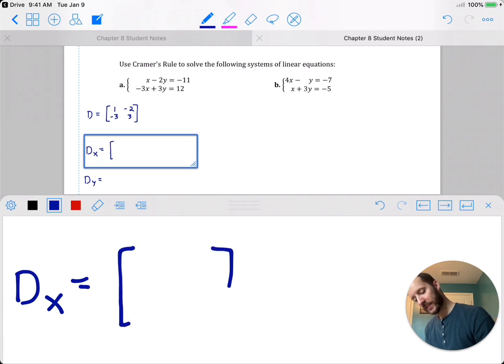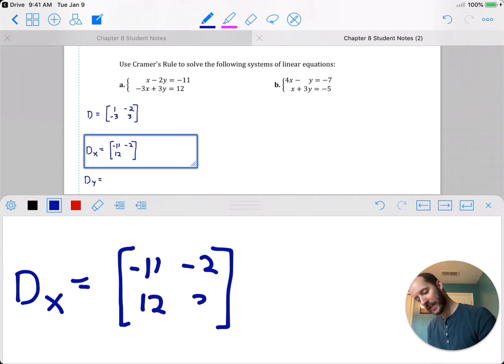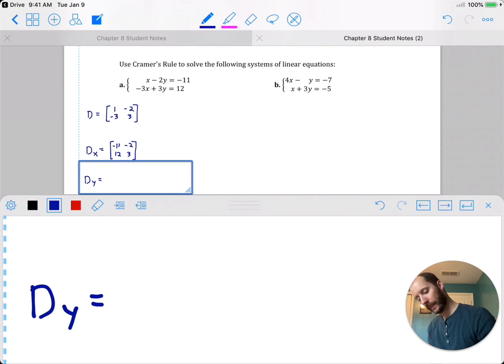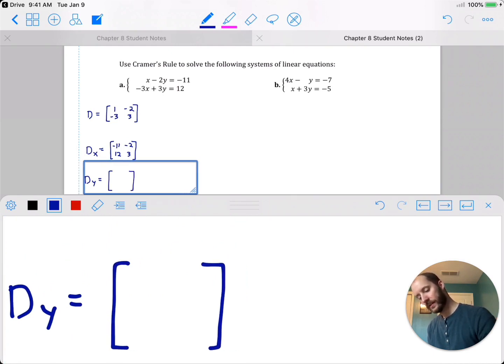For D sub x, you're going to replace the x column with the constant column, so -11, 12, and then the y column stays the same. To create D sub y, the x column is going to be the same, but then the y column is replaced with your constant column.